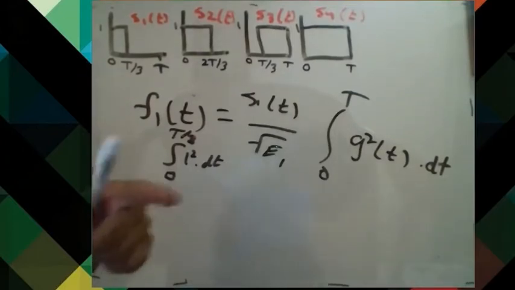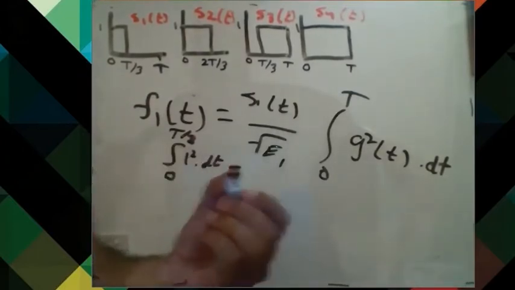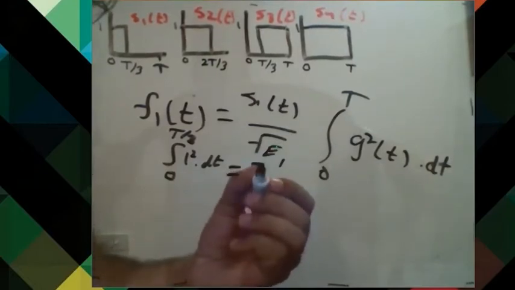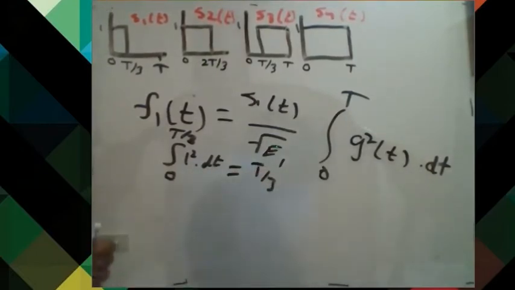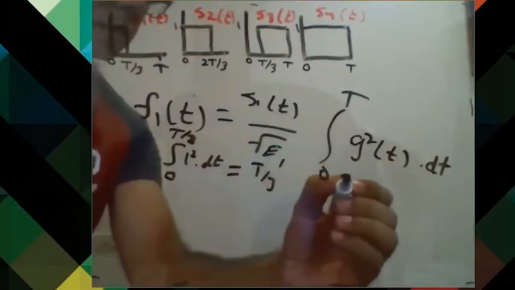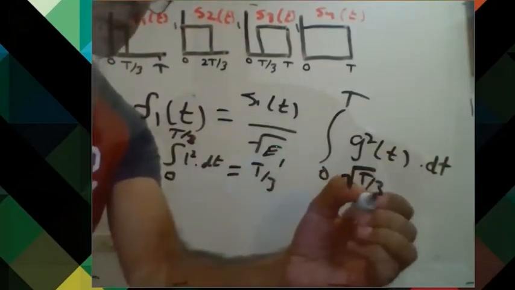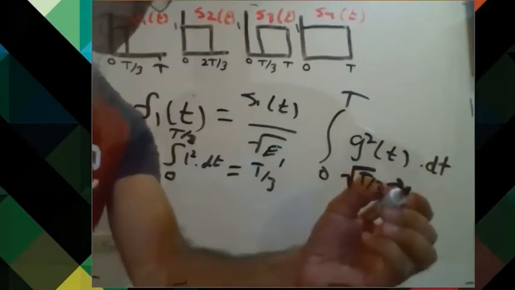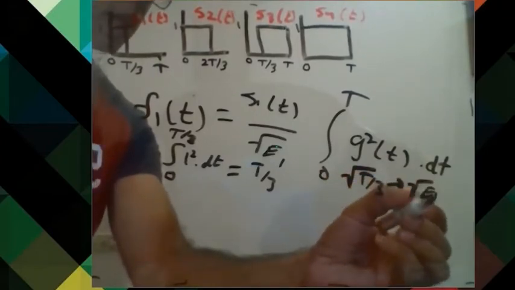If I integrate this, it's very simple: we get T/3. So the energy of this signal is T/3, and the square root of E1 is the square root of T/3.